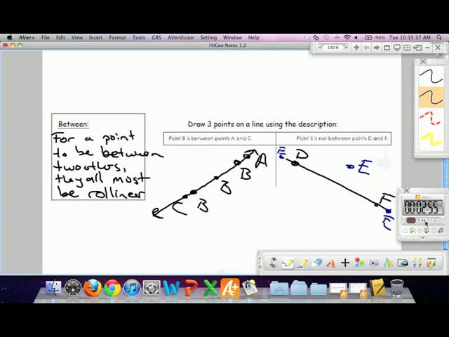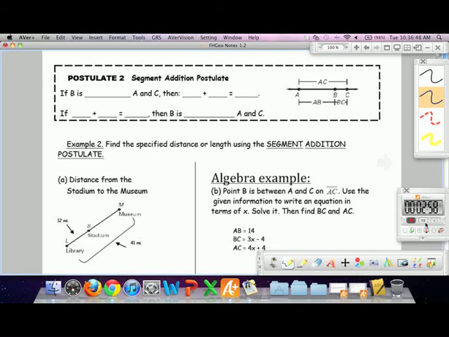Our second postulate is another obvious statement, if we think about it. It's called the segment addition postulate. We'll be using this often. It says that if B is in between A and C, then the following must be true.